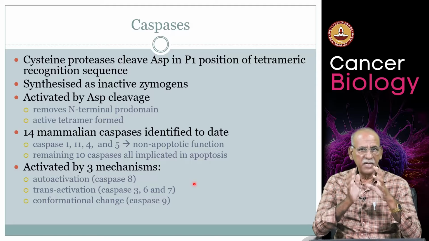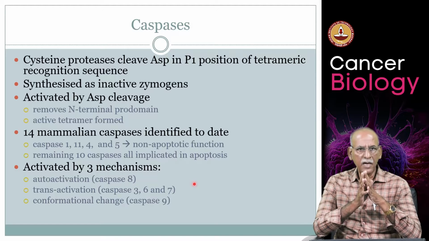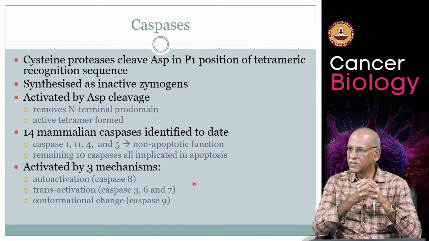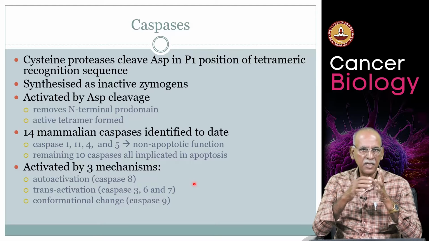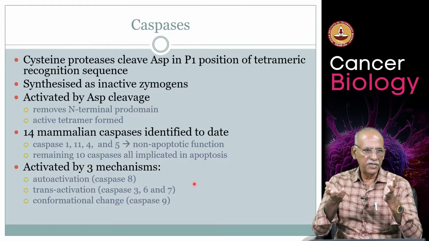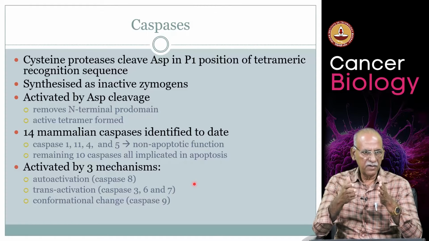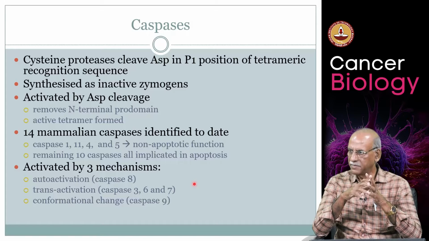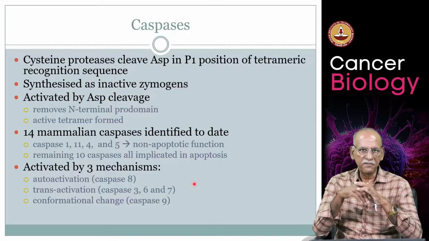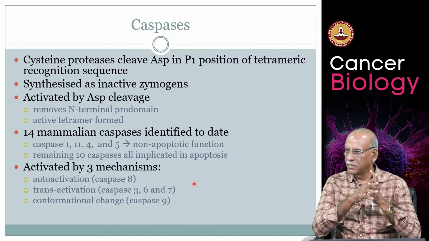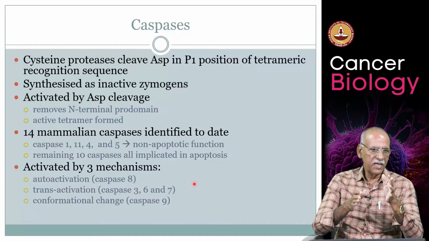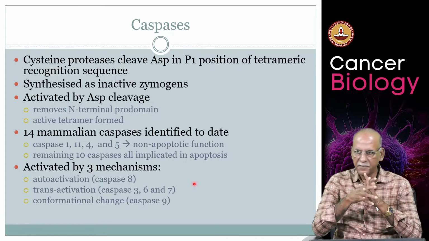The main mechanisms by which they are activated include what is called auto activation. That means procaspase 8 activates itself by, let us say, phosphorylation, for instance. It can phosphorylate and then get activated. So, it activates itself, that is auto activation. Trans activation means one caspase activates another caspase.